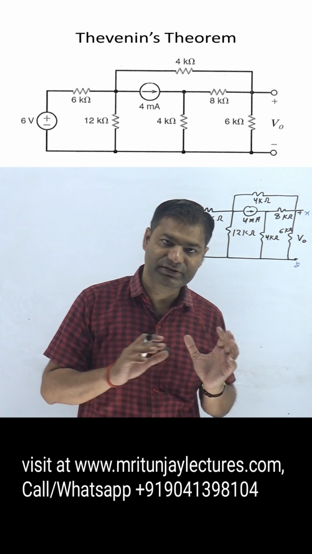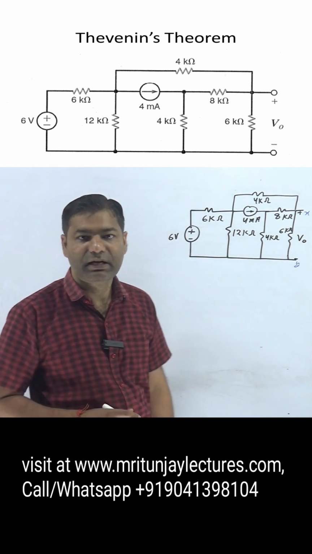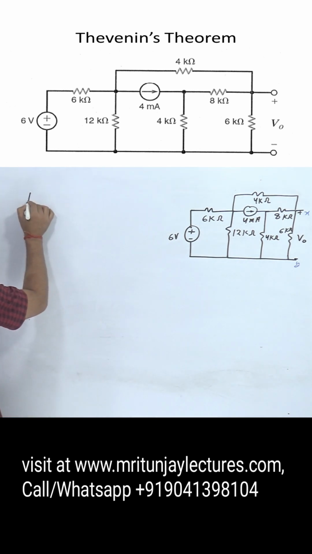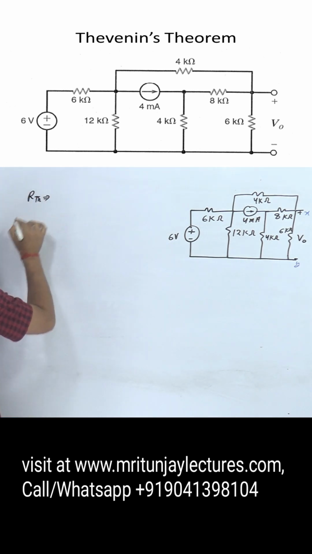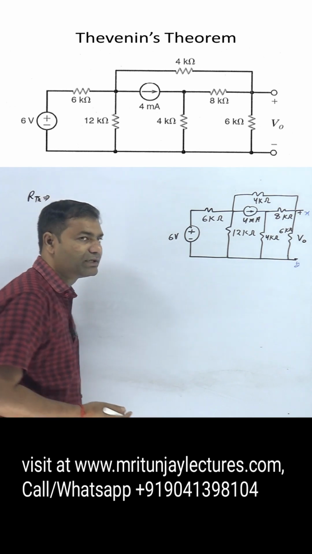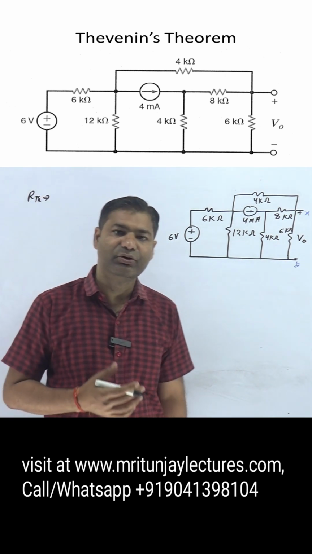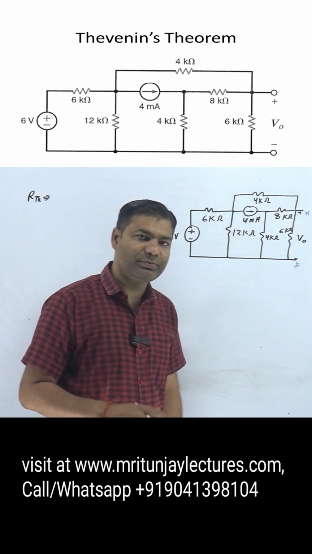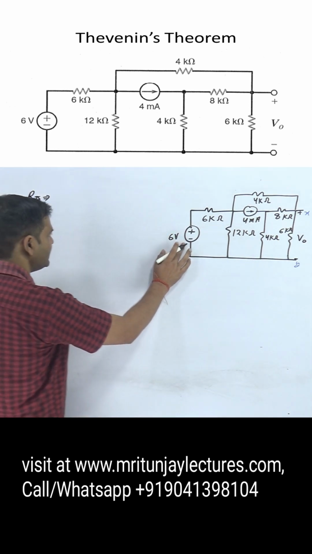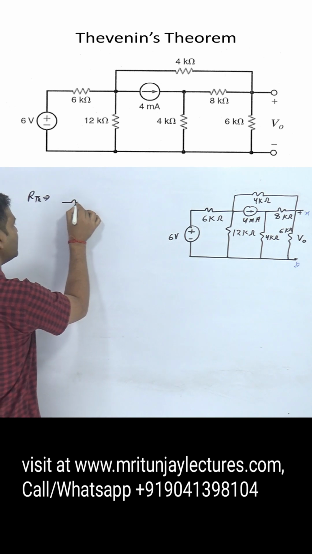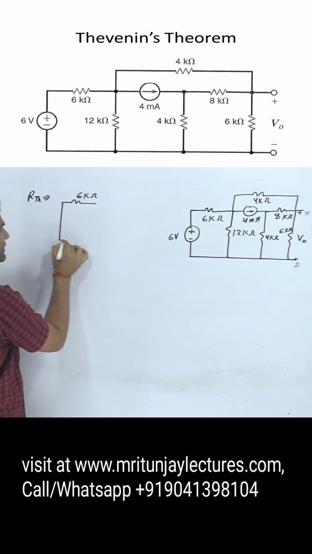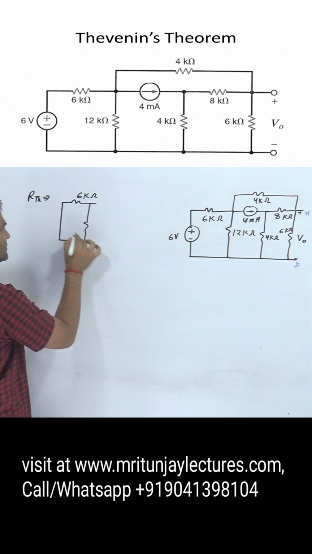That's why, first of all, remove it and determine RTH and VTH corresponding to the XY terminal. First, if you focus on RTH, then all independent sources are reduced to 0. If a voltage source is available, then it is short circuit, and a current source behaves as an open circuit. If this one is short circuit, that is 6 kilo ohm, simply short, and that is 12.